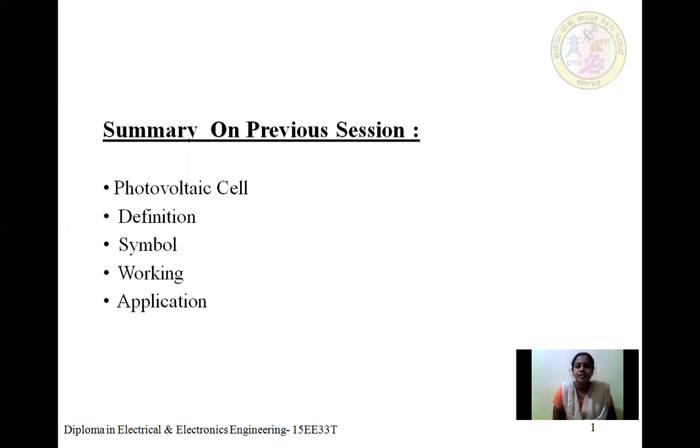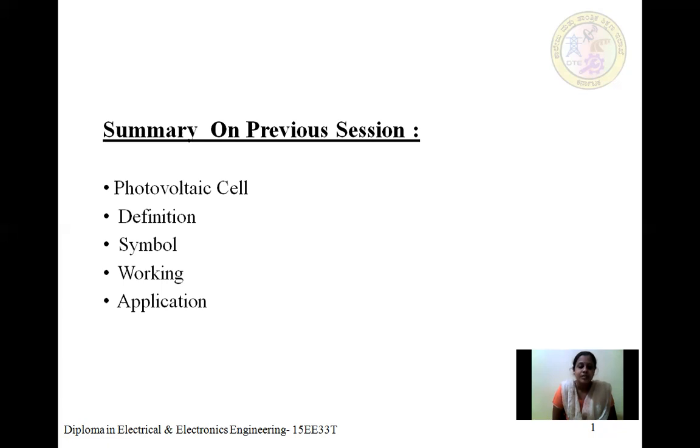Next, we'll see the advantages of photovoltaic cell. The photovoltaic cell has no pollution associated with it. It lasts for a long time and there is no maintenance cost for photovoltaic cell. So these are the advantages. Now let me see the disadvantages of photovoltaic cell.